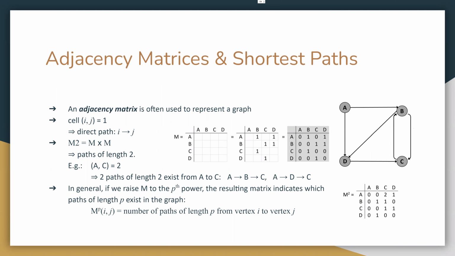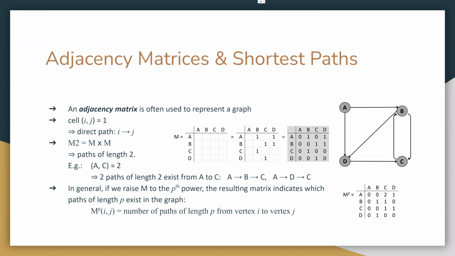So when you do that multiplication, you get M to the power of 2 here, the result of M times M. And the 2 here means that you have two paths from A to C of length 2.